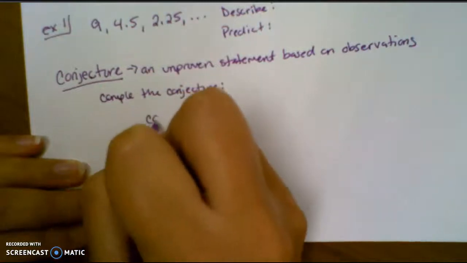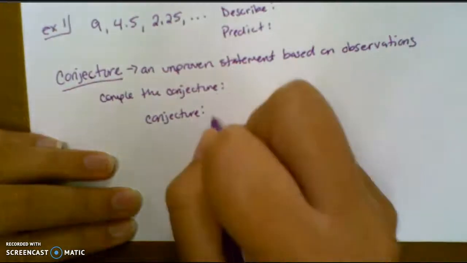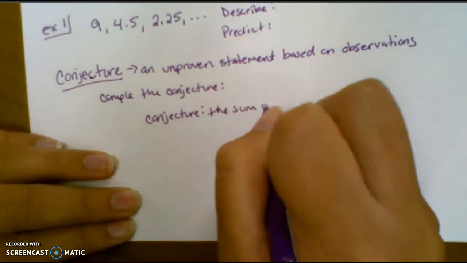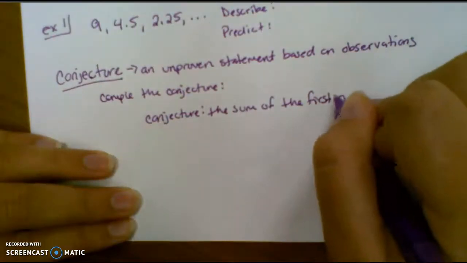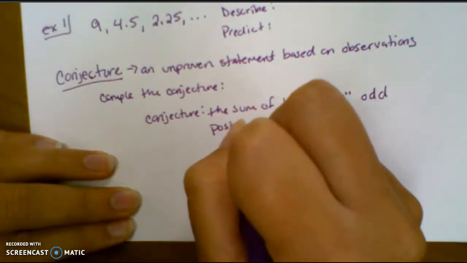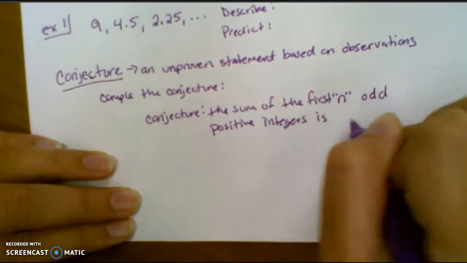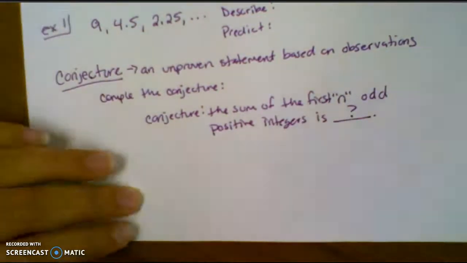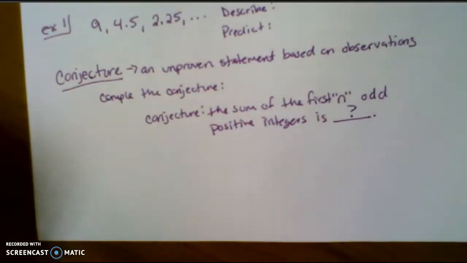Okay, the conjecture is the sum of the first n odd positive integers is what? Okay, so odd, so like 1, 3, 5, 7. Positive would all be above 0. Okay, and integers, numbers.